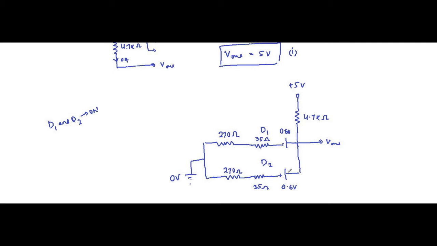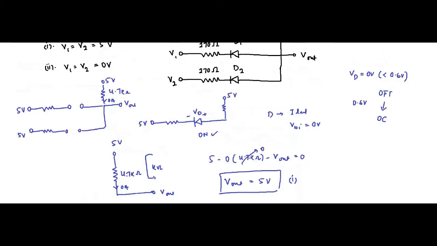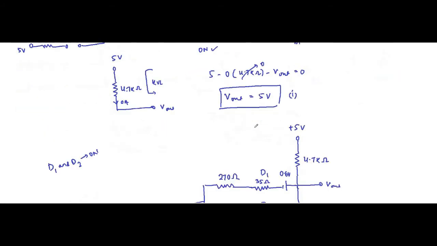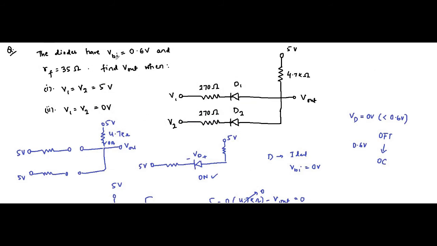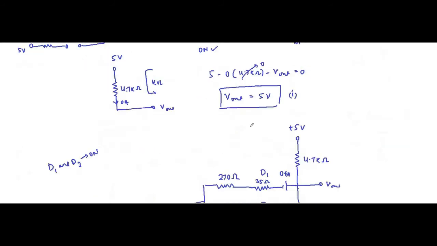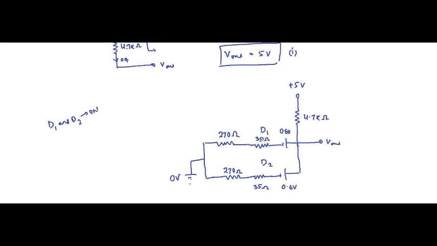Okay, we have simply replaced the diodes D1 and D2 with their equivalent circuit when they are on. Built-in potential of 0.6 volt, forward resistance of 35 ohm. Now if you see both these branches, they have identical circuit conditions.